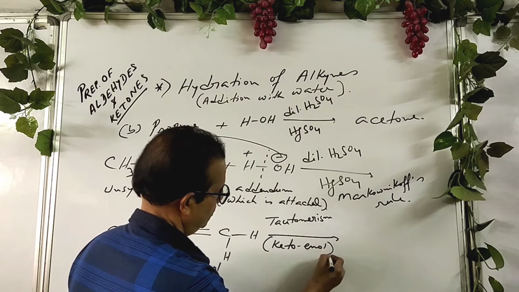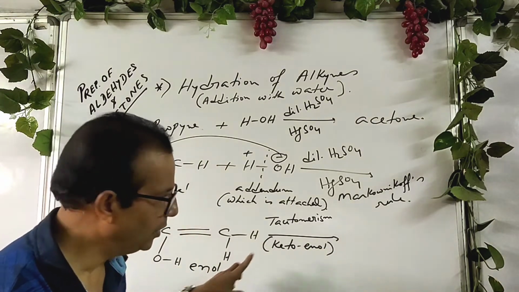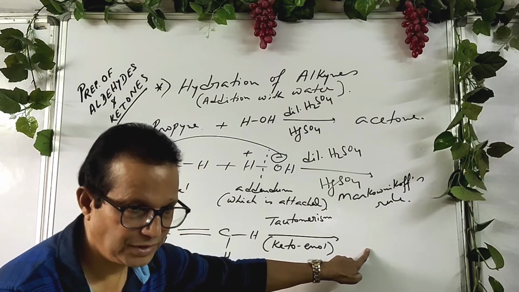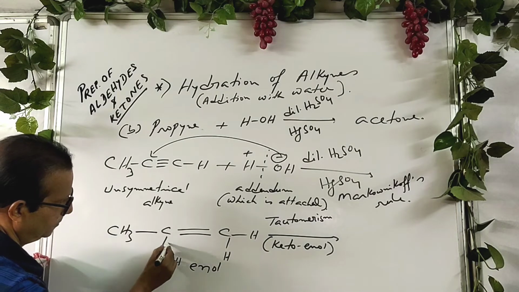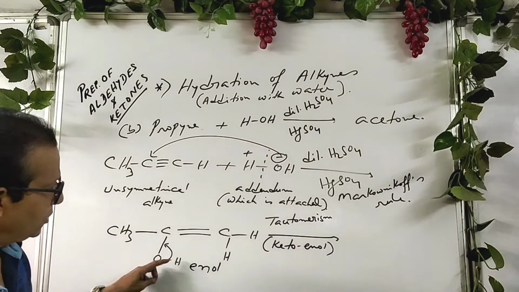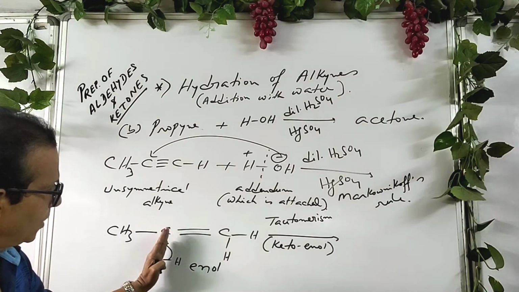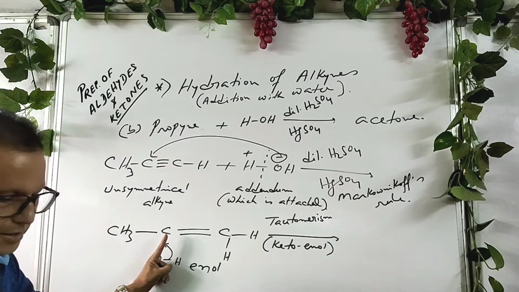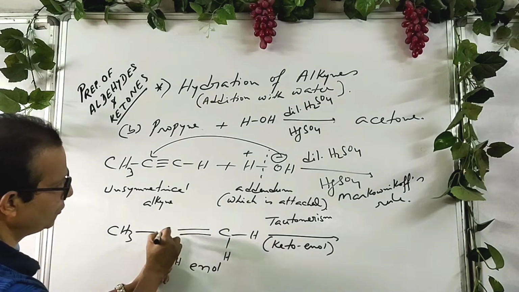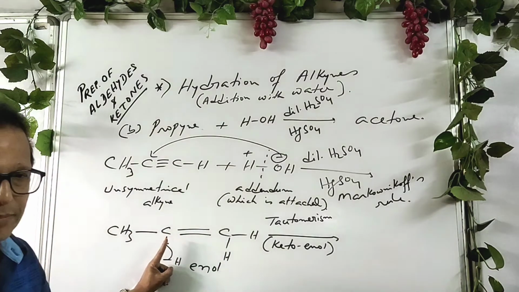Because the enol form will change into keto form. See the tautomerism. This bond shifts here. As soon as this bond shifts here, the carbon becomes pentavalency. 1, 2, 3, 4, 5. But carbon never be pentavalency.